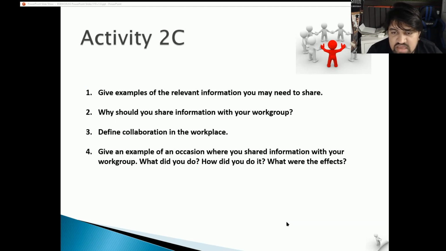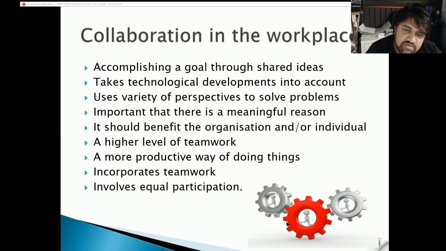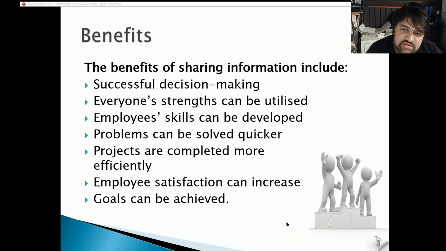Why should you share information with your work group? So sharing information with our work group allows us to make successful decisions and make the right decisions. It allows us to be stronger and allows everybody in the team to be utilized.